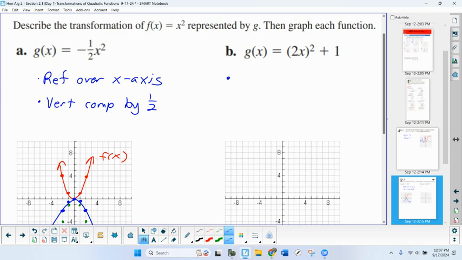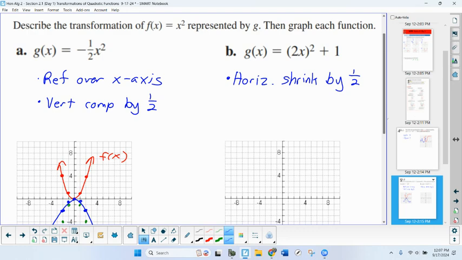Horizontal. Okay, now remember horizontal, you got to flip it, so it would be not by 2, but by 1/2. So it wouldn't be a stretch, it'd be a horizontal shrink by 1/2. Do you guys see how we reason through that? Do you see the difference between A and B? Vertical compression by 1/2, horizontal shrink by 1/2. It's in with the x.